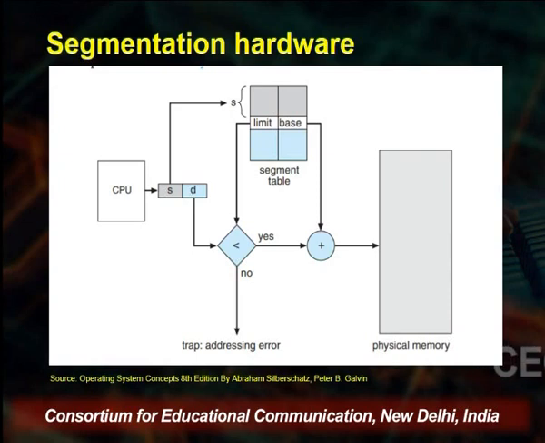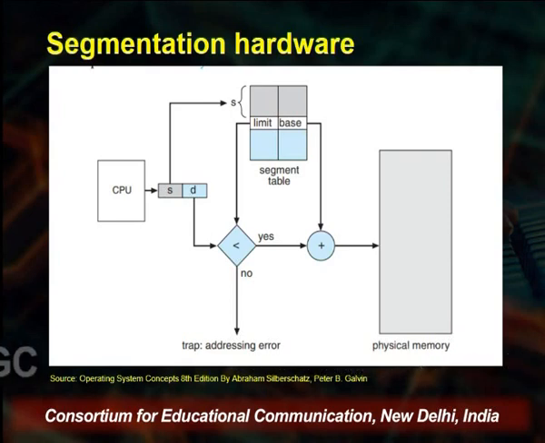In that situation, you can see a flowchart symbol of a decision box with yes or no written around it, which checks the permissible limit. Only if D, the offset, is within the permissible range is it going to generate the final physical memory address and map to it. Otherwise, there will be an addressing error, a trap.